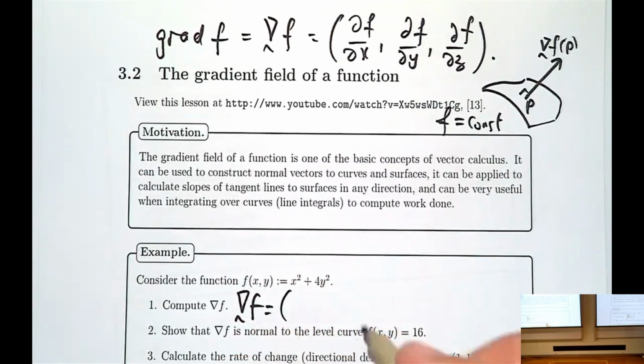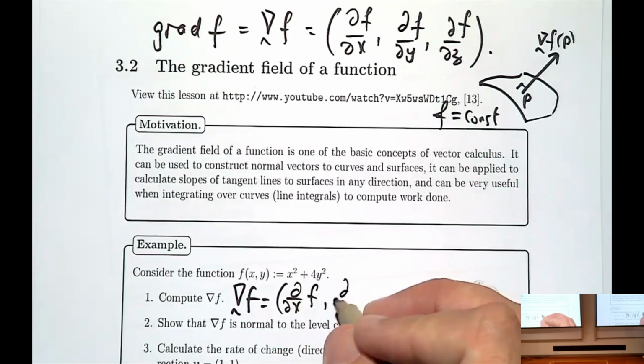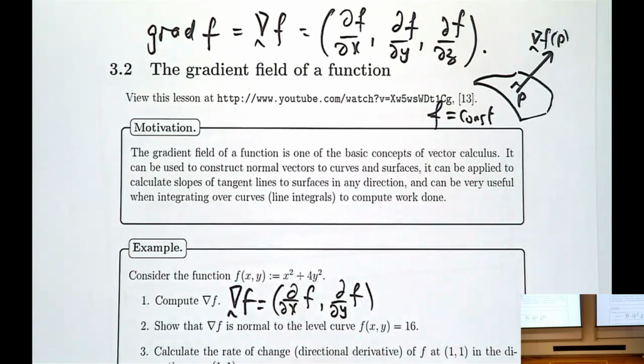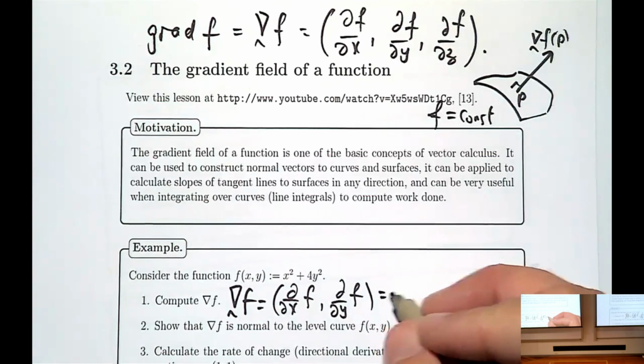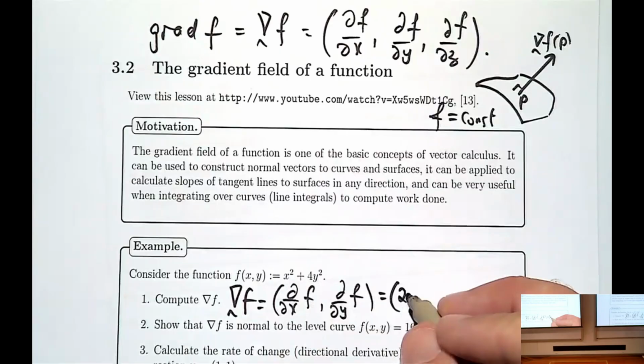So it's going to be a vector. In this case, it's only going to have 2 components because f is just a function of 2 variables. So I take my partial derivatives, apply it to f, and I get a vector: 2x and 8y.